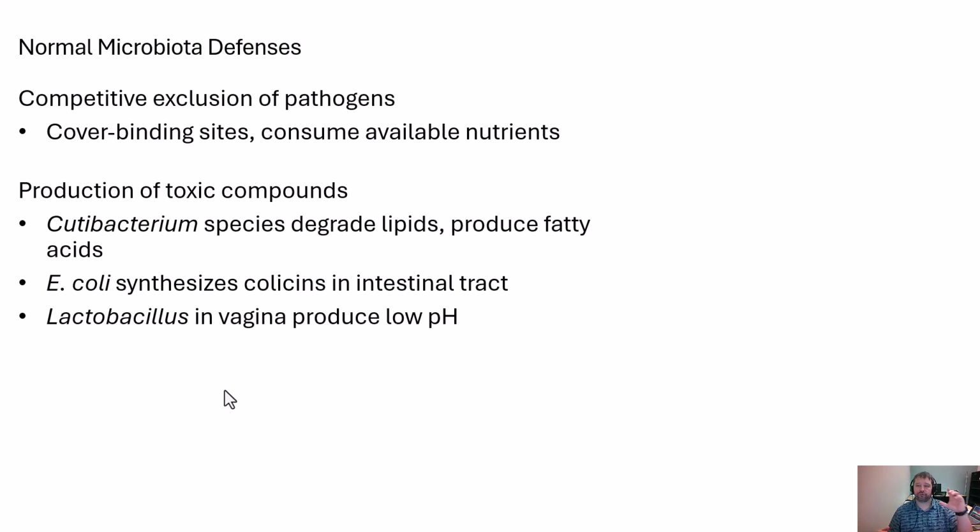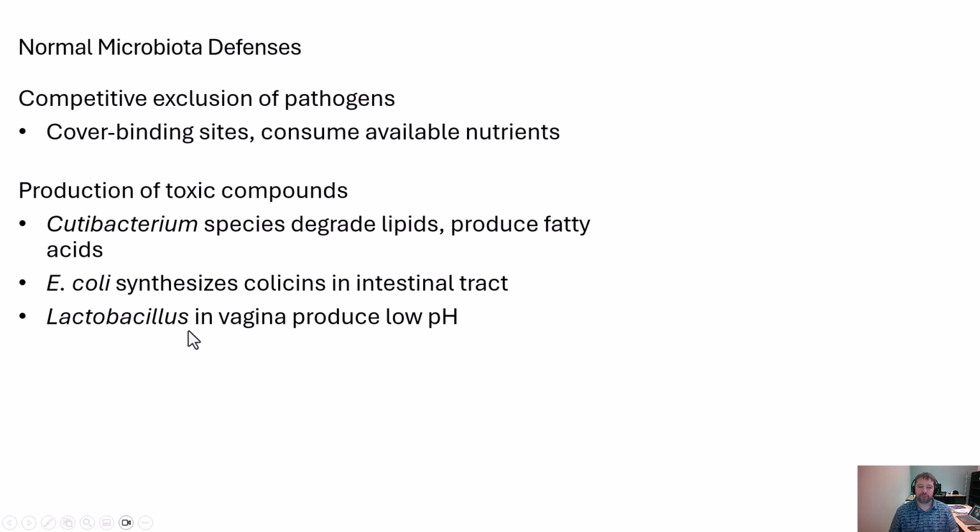So not only would you kill the E. coli, you'd kill the beneficial anaerobic bacteria. And so they often will synthesize cholinesterase, which prevents things from getting established in that region.